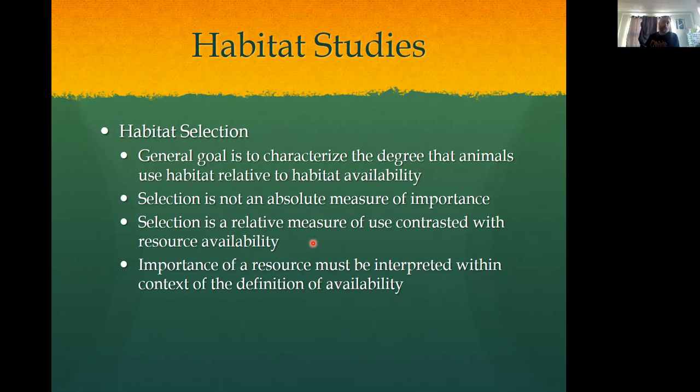So you go to the grocery store, right? You have all of the food in the entire grocery store available to you, okay? But are you gonna buy one of everything, or are you gonna buy a handful of things that you know how to cook, right? Selection there is, out of this entire thing that you could potentially buy, what do you buy? That's all selection is, okay? Of all of the options that are available to an animal, what are they using?